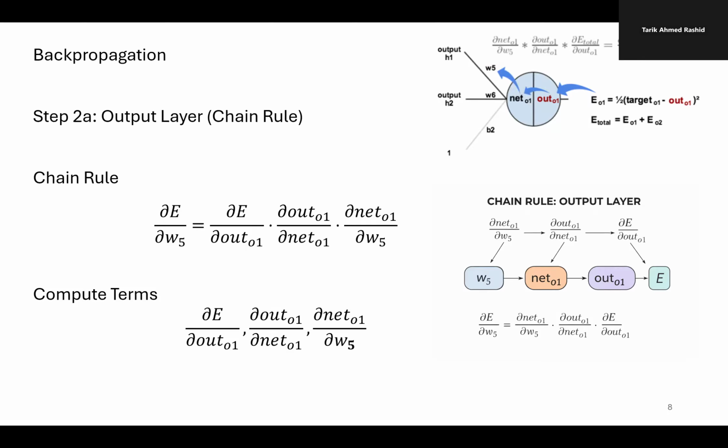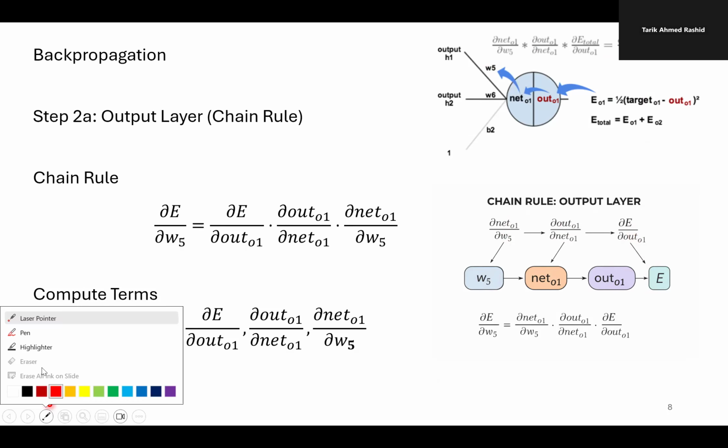If we have delta E total over delta, that's one way, this figure is the same that I talked about. So that's the delta E over delta out 1, and then delta out over delta net, and delta net over delta W5. So that's how we found the error in the output layer.